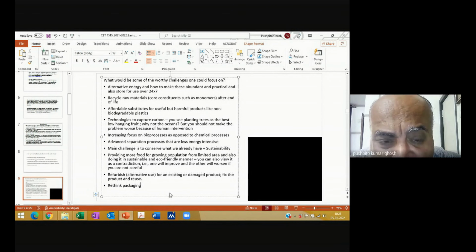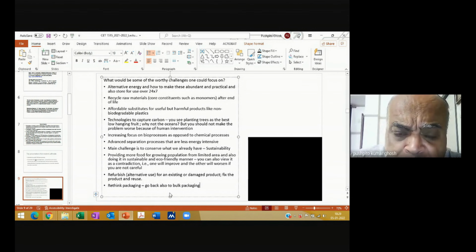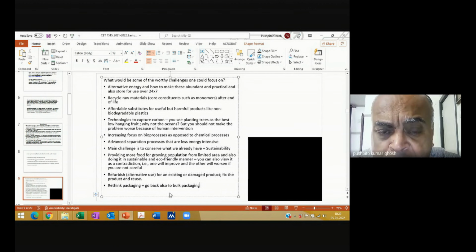Maybe we have to go back also to bulk packaging. Maybe there should be dispensing machines, and you go and press a button, you put your bottle, and the milk will pour into your bottle. You can do that, isn't it?